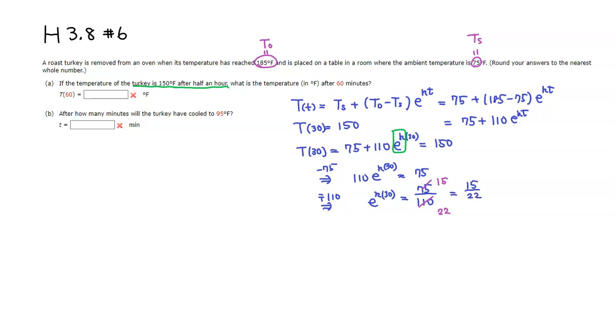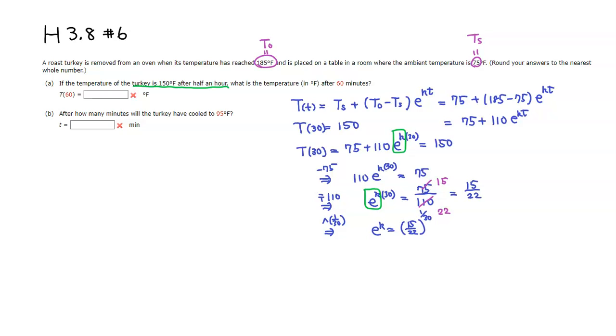Then, since we're trying to find e to the k first, I'm going to get rid of that 30 by raising it to the 1 over 30th power. So we end up with e to the k equal to 15 over 22 raised to the 1 over 30th power.